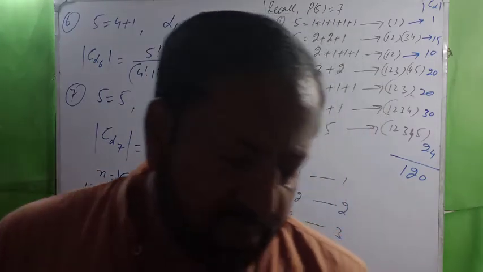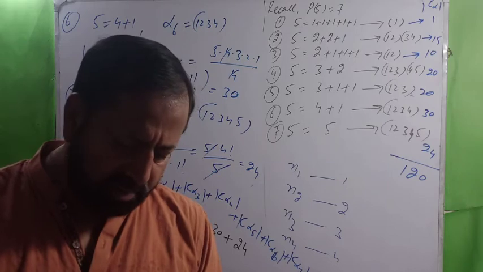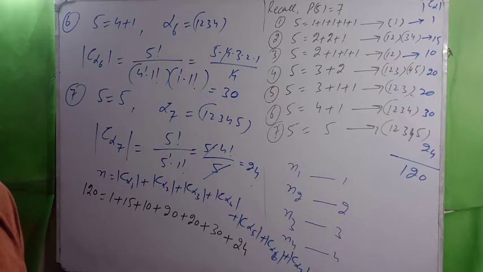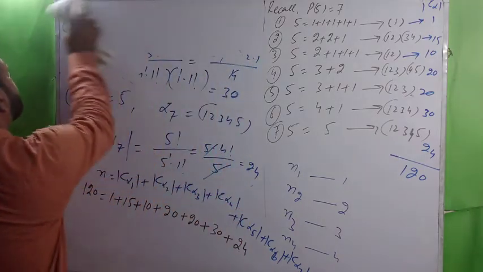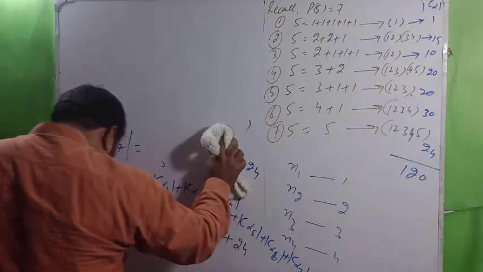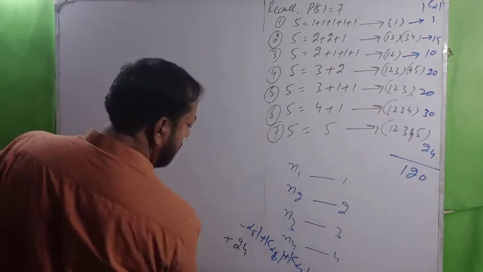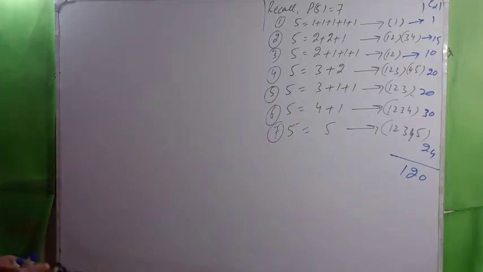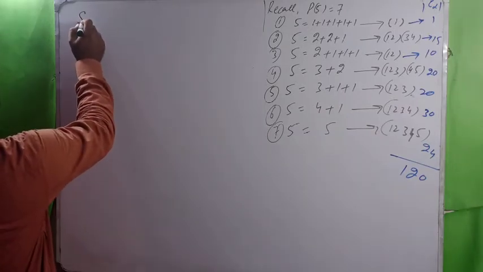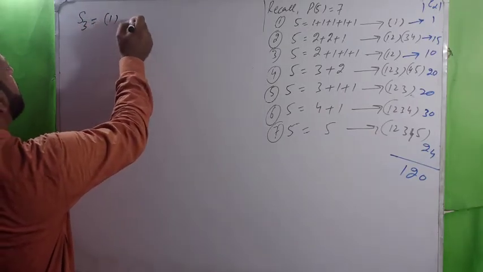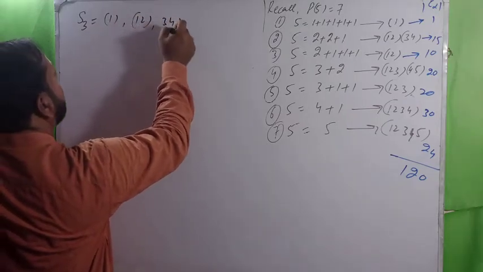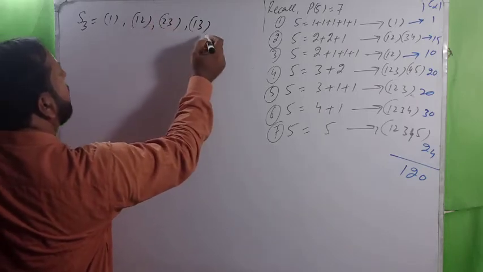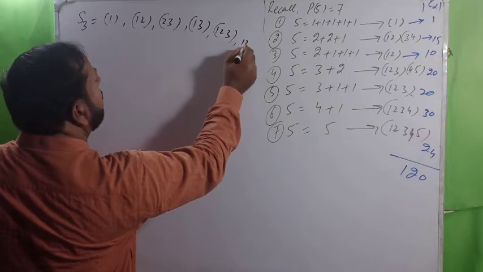From these calculations, we are also able to find conjugacy classes of A_n. So let's start from A3. So recall what S3 was: 1, then 1 2, 1 3, 2 3, and then 1 2 3, then 1 3 2.